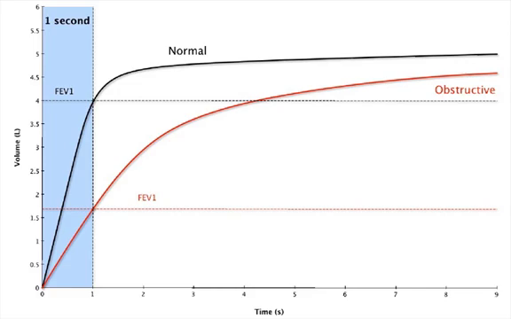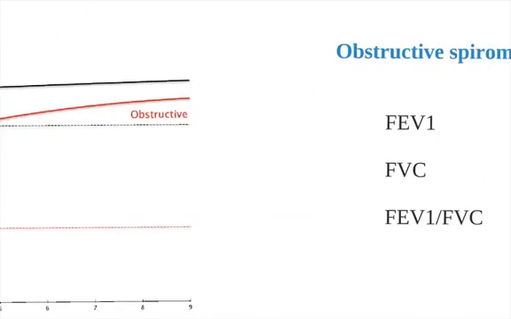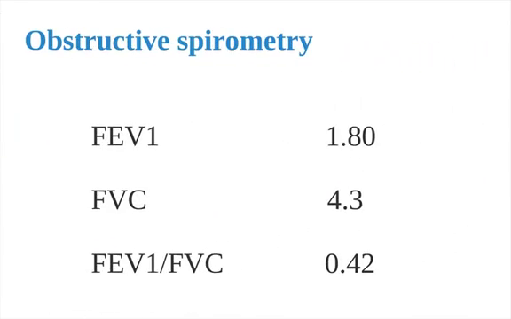So an obstructive spirometry is characterized by airflow obstruction, and it's not coming out quickly enough, so therefore the FEV1 is reduced. In numbers, that looks like 1.8 out of a total of 4.3, so not very much of the total comes out in the first second, and that's a very obstructive ratio there that we've got, 0.42 or 42%.